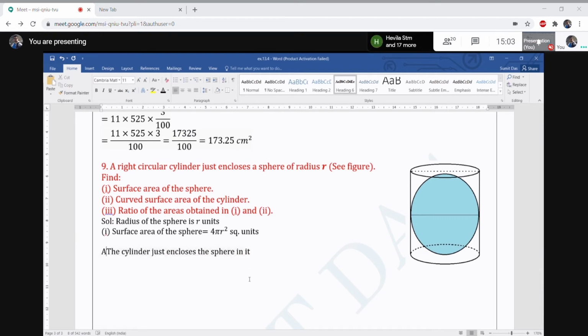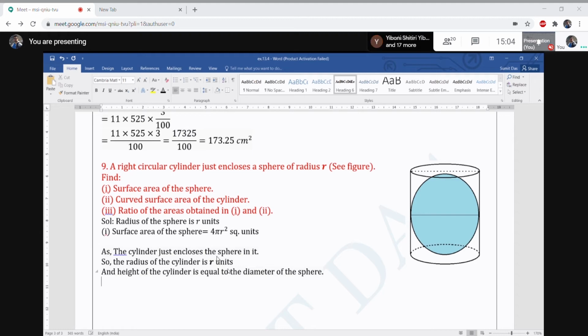Okay, so the radius of the cylinder is r unit, and height of the cylinder is equal to the diameter of the sphere.